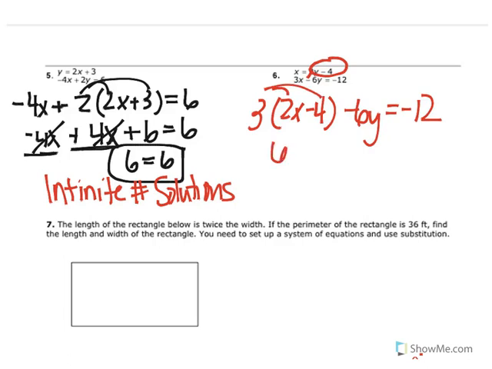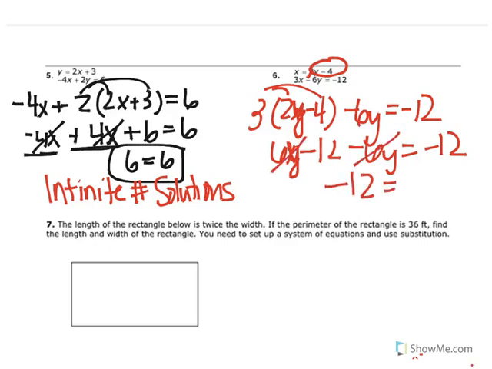We get 6y minus 12 minus 6y equals -12. So now I have 6y and minus 6y. Those cancel each other out, and I'm left with -12 equals -12. Okay, well that's true. They do equal each other.